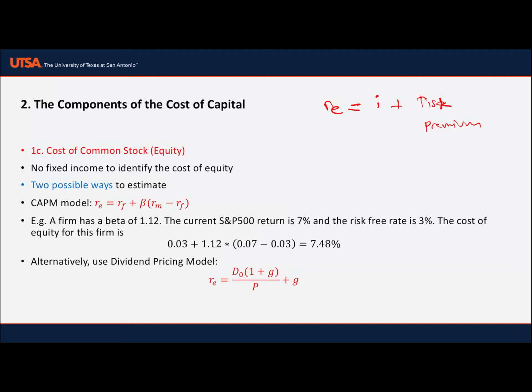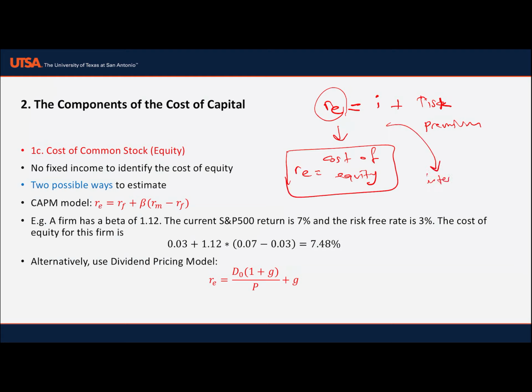So here R_E is the cost of equity, and I is the interest rate being paid on new issues of debt, the current rate of interest adjusted for the tax advantage.